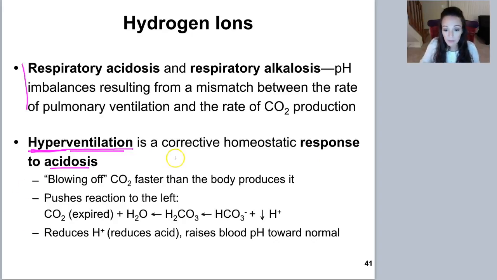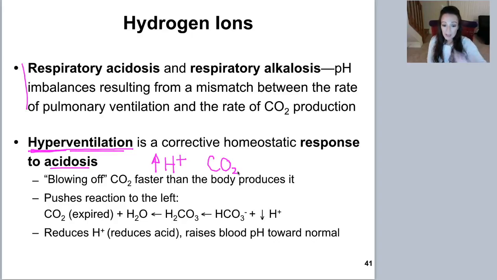So remember, if we have acidosis, that's a high concentration of hydrogen ions. If we have a high concentration of hydrogen ions, we just saw on that last slide that we also have a high level of CO2. So a way we can correct this is by breathing extra fast to expel a whole bunch of that CO2.